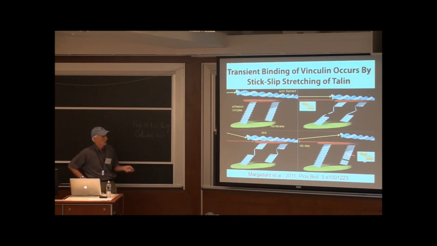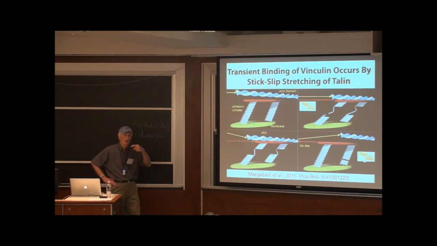Okay, it's got to break. And when it breaks now, we see increased release of vinculin. And so one way of thinking about this is that maybe the signal that comes from this cycle of stretch and relaxation is indeed a phosphorylated or modified form of vinculin that was modified while in complex with the talin.